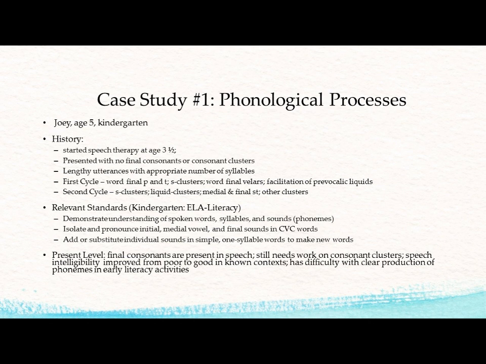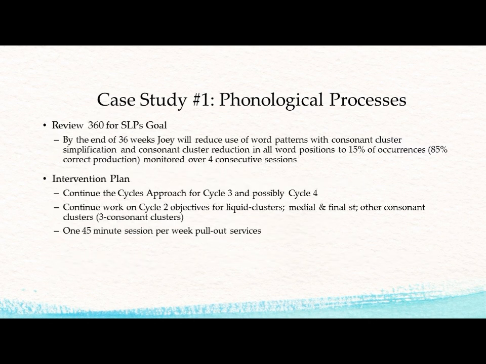So the goal selected for Joey out of Review360 for SLPs was: by the end of 36 weeks, Joey will reduce use of word patterns with consonant cluster simplification and consonant cluster reduction in all word positions to 15% of occurrences or 85% correct production monitored over 4 consecutive sessions.